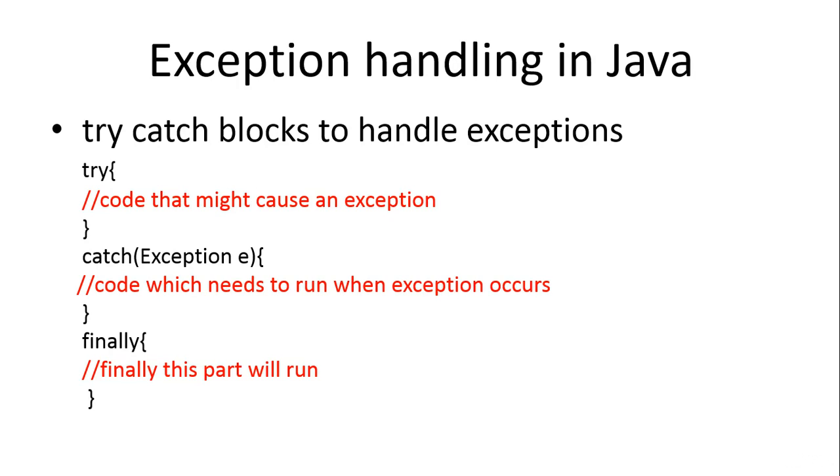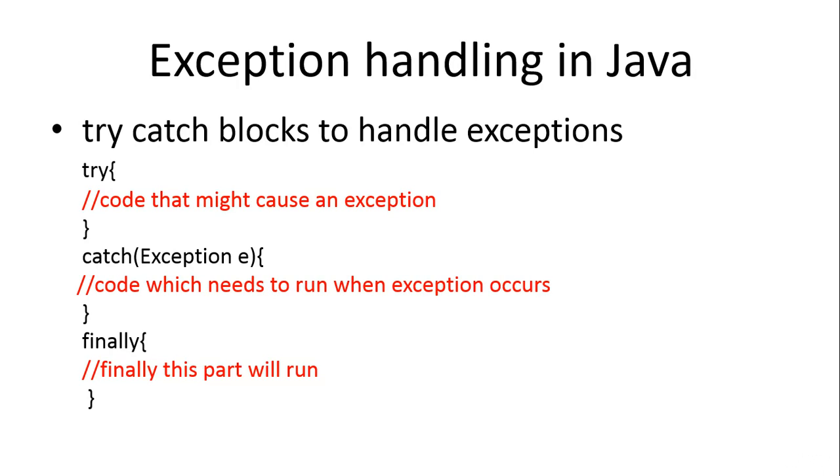Inside the catch block we have code which needs to run when an exception occurs. And after the catch block we have the finally block. Whether there's an exception or not, this part will run. The code inside the catch block will only run if there's an exception in the try block.